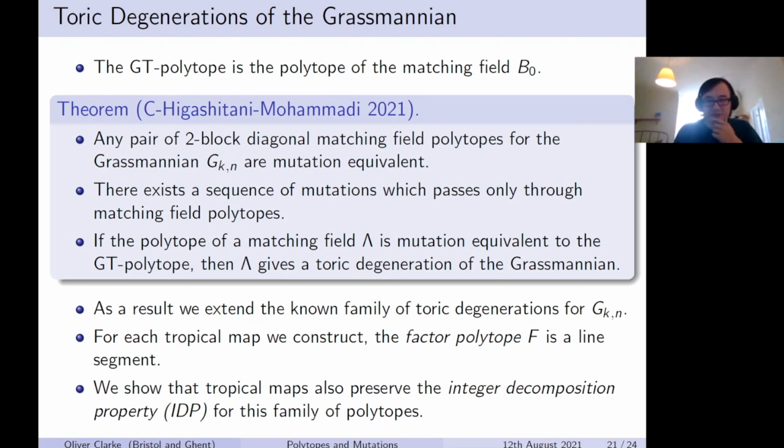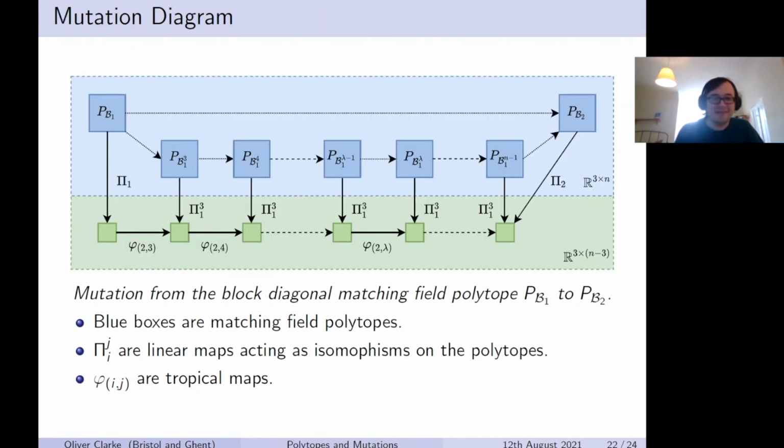So how did we go about constructing such sequences of mutations and what did they look like? I've got some nice pictures to show you. Let's say you're going from B1 to B2, two block diagonal matching fields. The way that we worked was to note that the definition of a matching field polytope sits in a very large ambient space and has many redundant components.